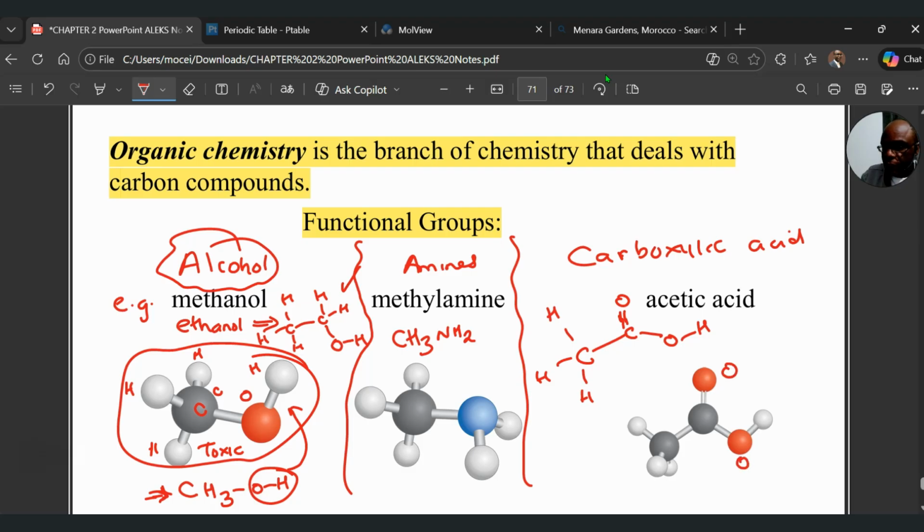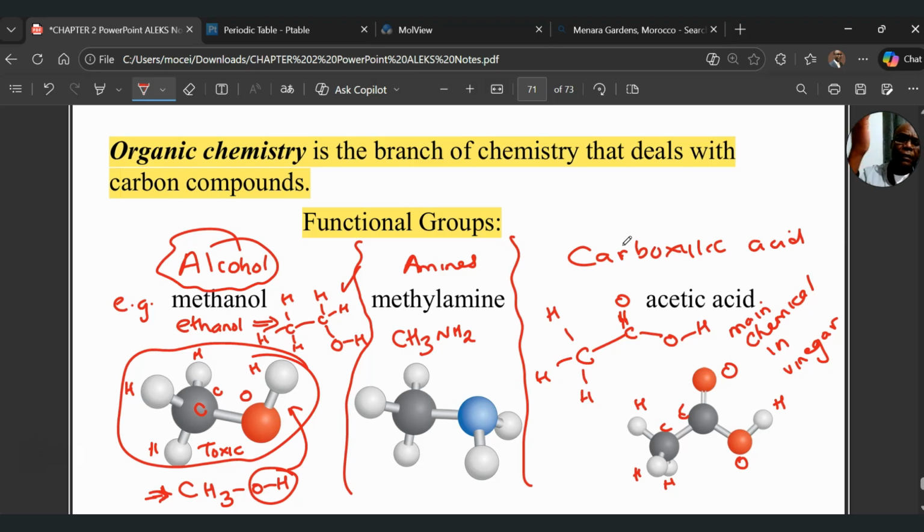Remember, the oxygens are in red, hydrogens are in white, and the carbons are in gray. They are joined together by sticks or bonds. Acetic acid is the main ingredient or main chemical or compound in your vinegar. It's what gives the vinegar smell.